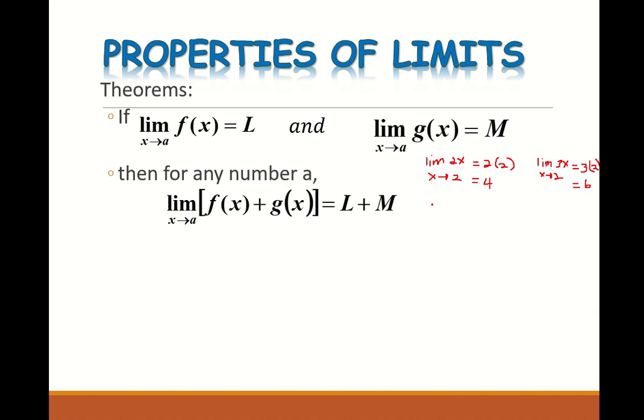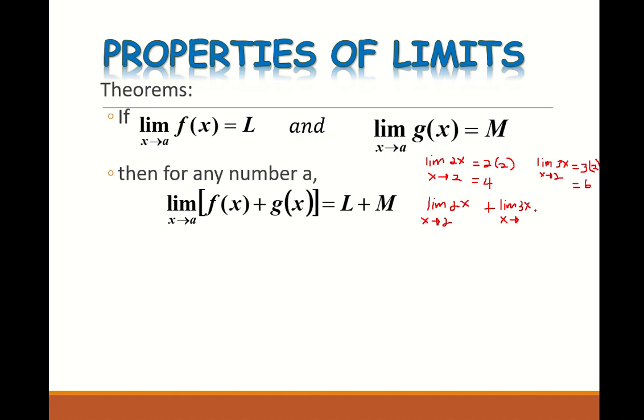So if you sum up the two limits, the limit of 2x as x approaches 2 plus the limit of 3x as x approaches 2 also.